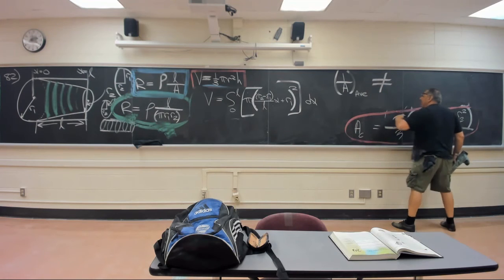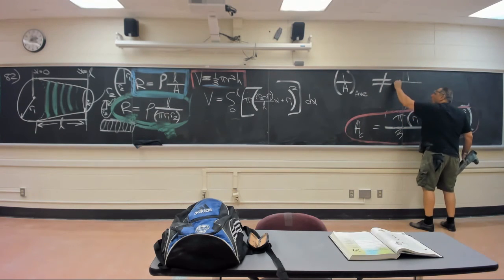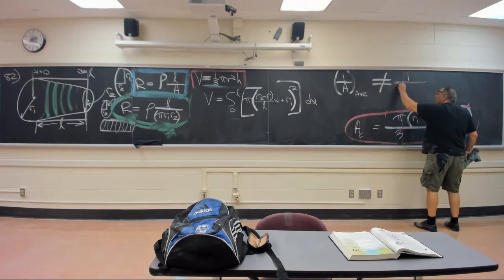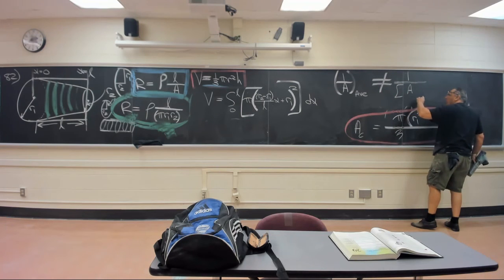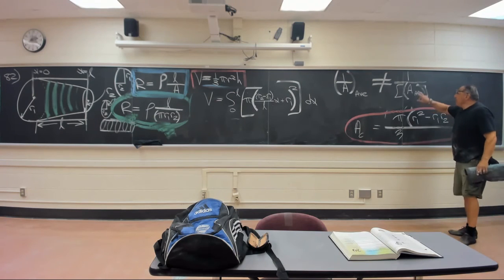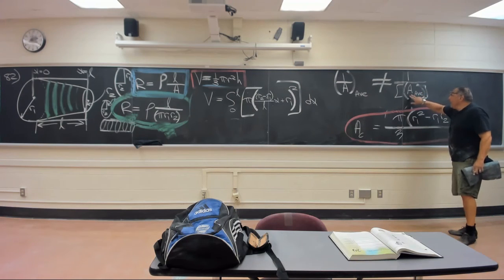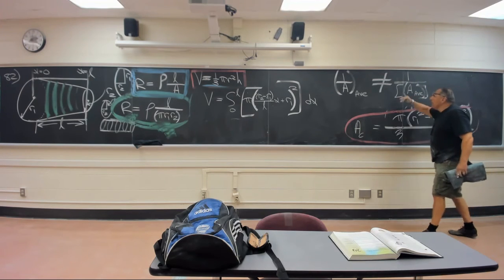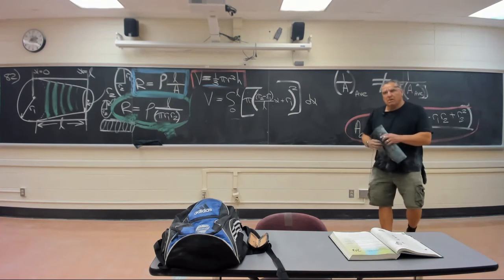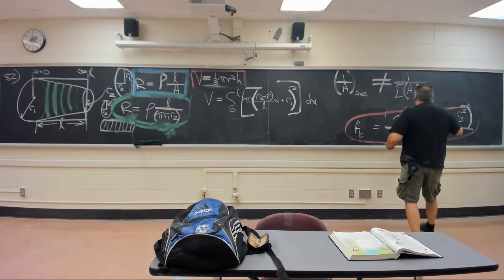The average of this is generally not the same as 1 over the average here. Try to write it so you don't get confused: 1 over the average area is generally not the same as the average of 1 over A. Try to put it another way, maybe.